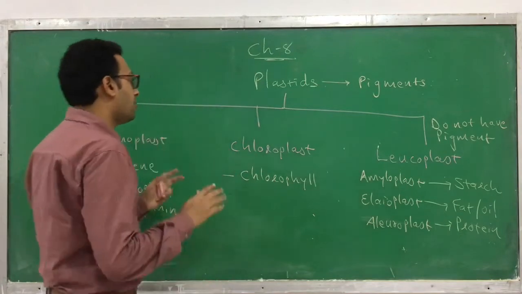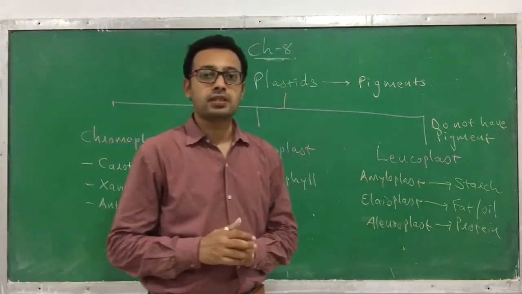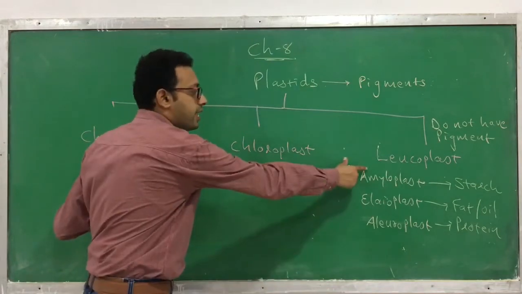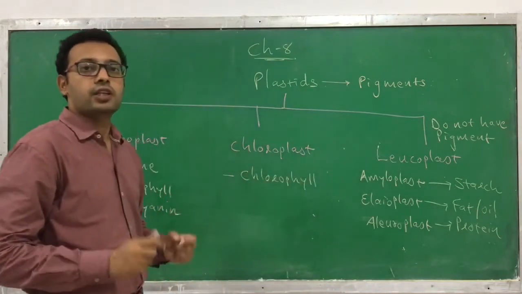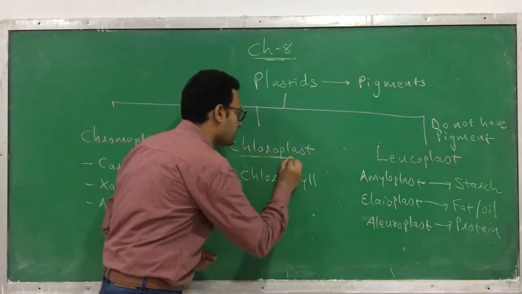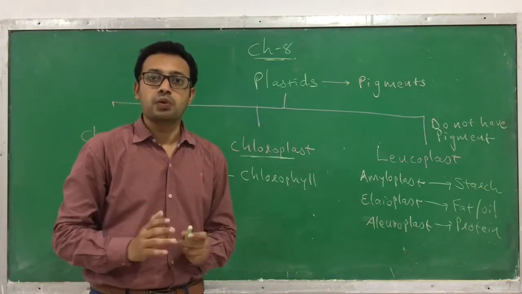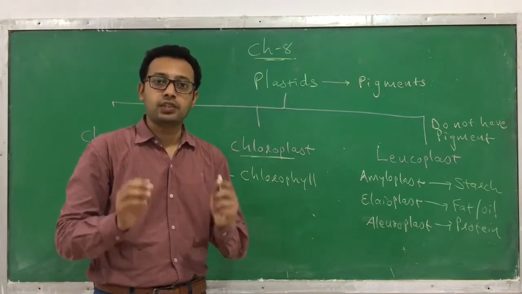So this is about the plastids: chromoplast, chloroplast and leucoplast. Yesterday I taught you that we don't have to learn the chromoplast and leucoplast in detail, but now we have to learn the chloroplast in detail. So students, we will learn the chloroplast in detail today.